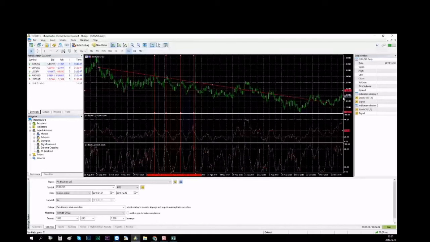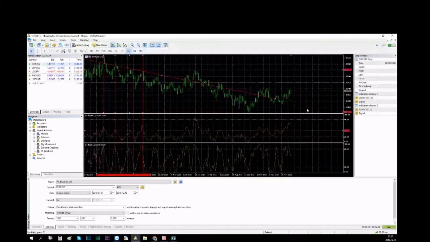If the price is going down to here, I'm always looking for good sell positions because I know it will go down if the price is coming to here, because there is a support level here.